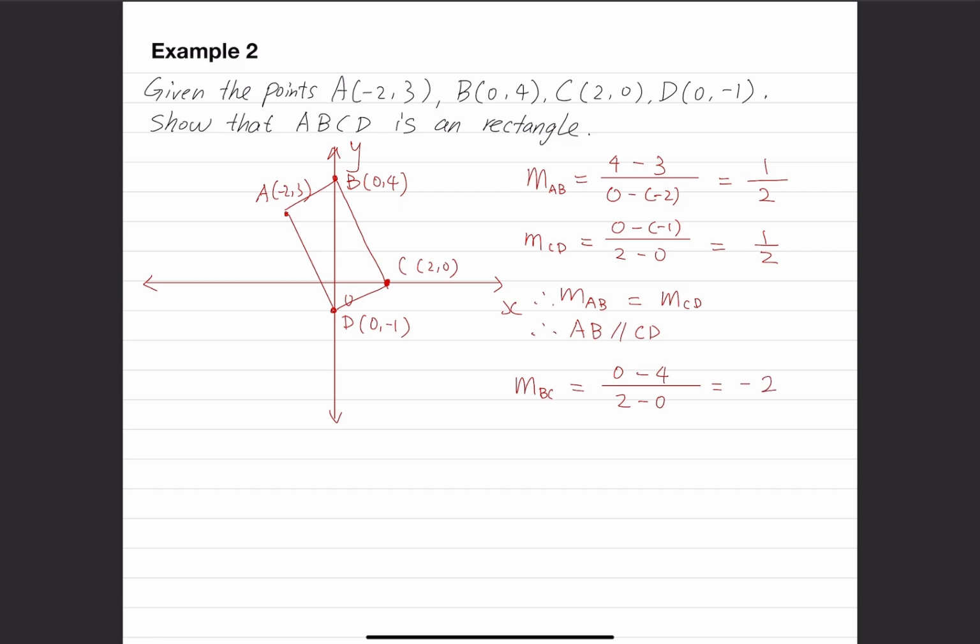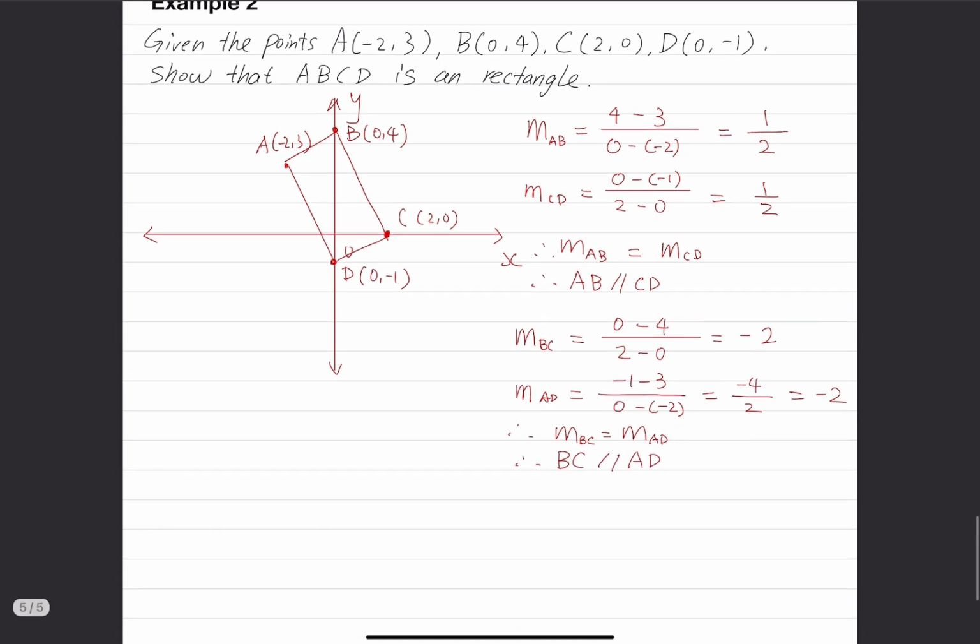Then MAD is going to be -1 minus 3 over 0 minus -2. So that's going to be -4 over 2, which is also -2. Therefore, MBC is equal to MAD. Therefore, BC is parallel to AD. So we have proved that this is a parallelogram.